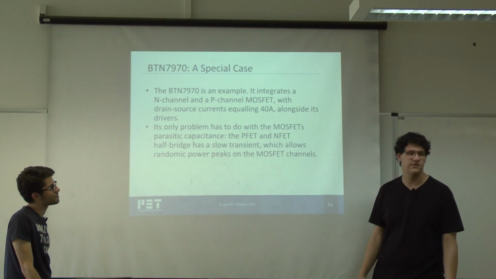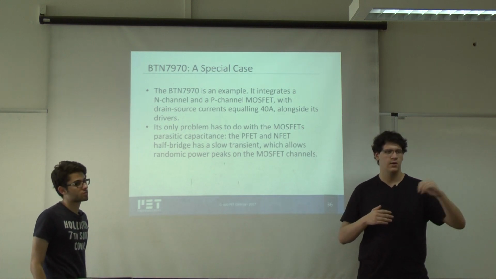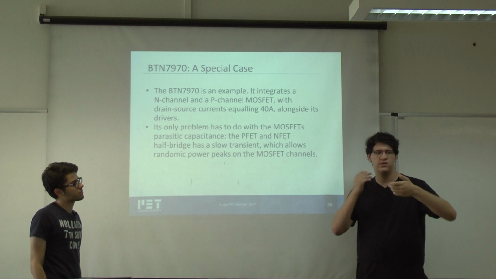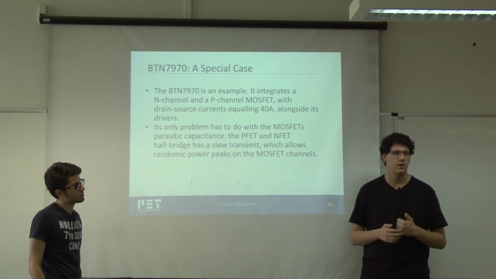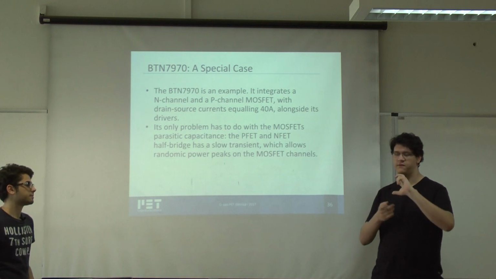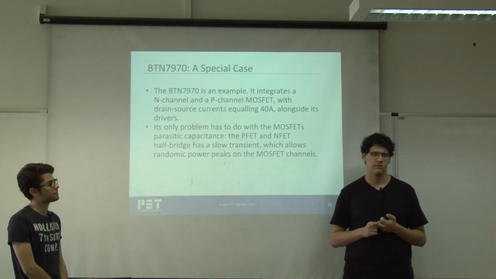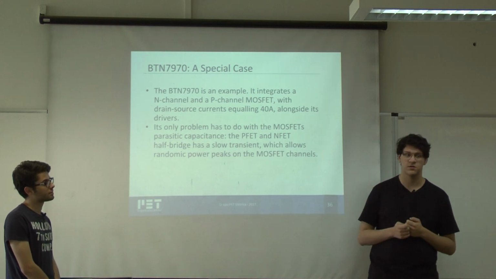The only problem with this circuit is that it's a P channel on the high side and an N channel on the low side. So the turn on and turn off times of those MOSFETs is really slow, like half a microsecond.